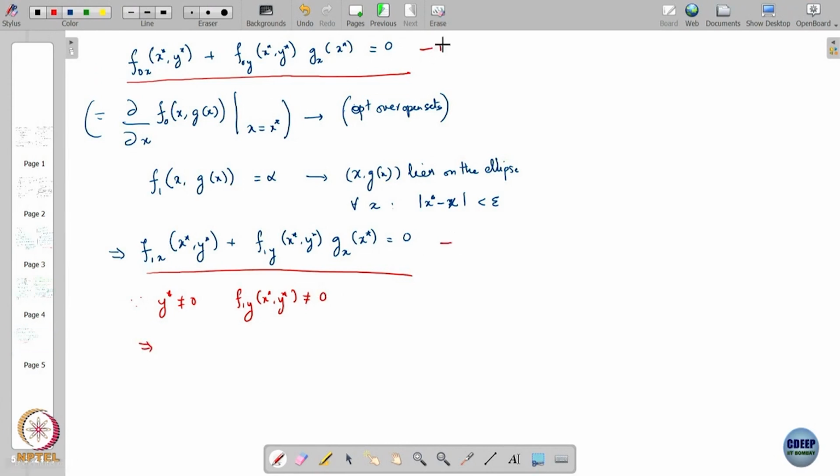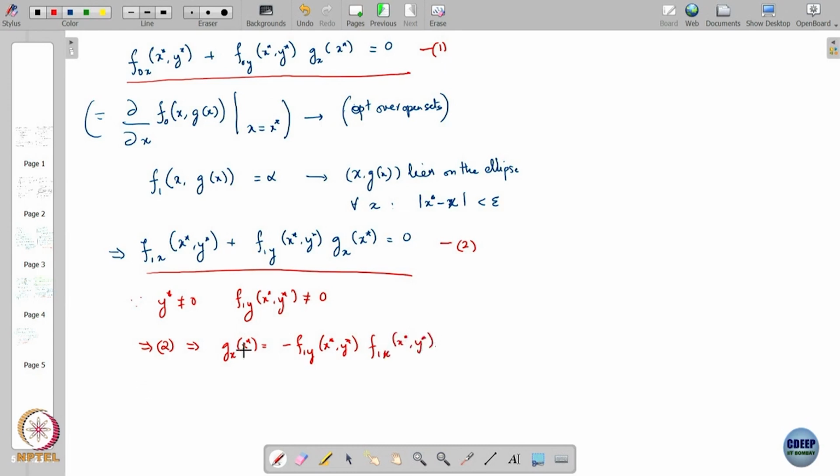So, what that means is I can just use this second equation here. Let us call this equation 1, let us call this equation 2. So, I can use 2, from 2 I can just solve for gx of x star. So, gx of x star is equal to negative of f1y evaluated at x star y star, inverse, times f1x evaluated at x star y star.